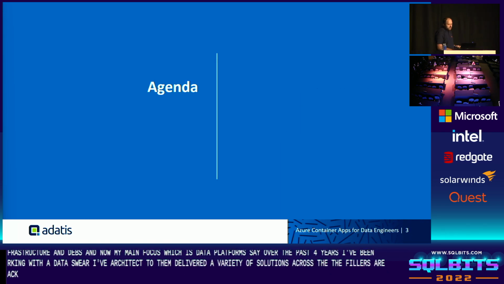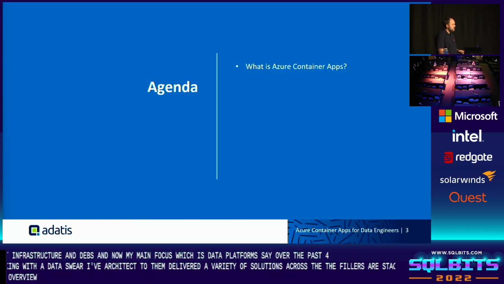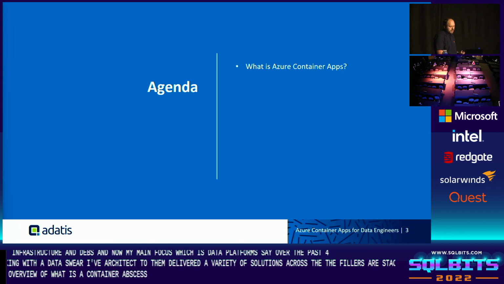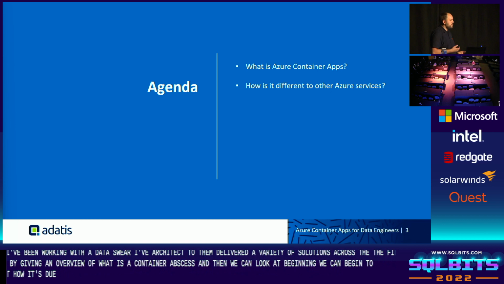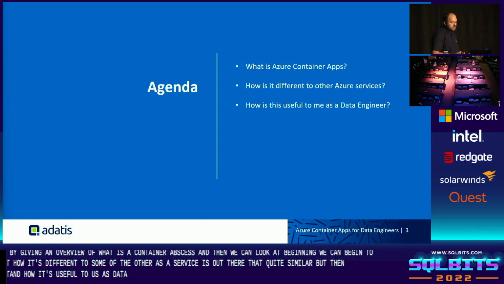In today's session, I'll start by giving an overview of what Azure Container Apps is, and then we can begin to look at how it's different to some of the other Azure services out there that are quite similar. We'll then understand how it's useful to us as data engineers and some of the key use cases for it.